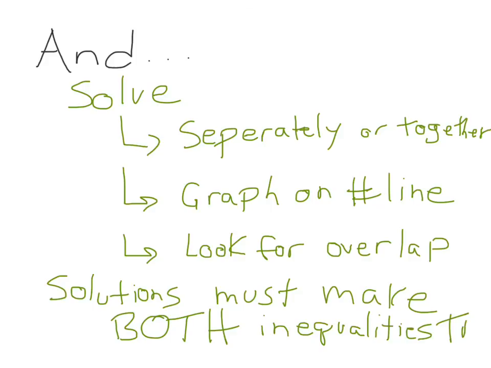In an and inequality we're looking for the solutions that make both of the inequalities true. They have to satisfy both of them. If it only satisfies one, then it shouldn't be included in your final solution. Okay, those are some of the main things with and compound inequalities.